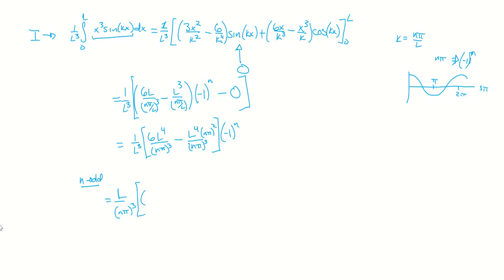So this ends up being n pi squared minus 6, right? I factored out this n pi cubed here, and that's what we get.